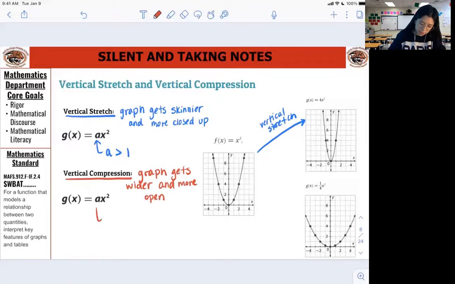And in this case, the leading coefficient, the A, is between 0 and 1. And you can just remember it by saying that it's a fraction. So we have a vertical stretch, and then we have a vertical compression.